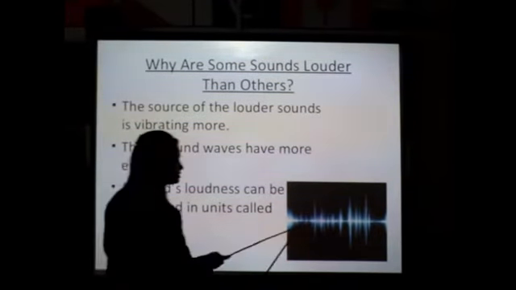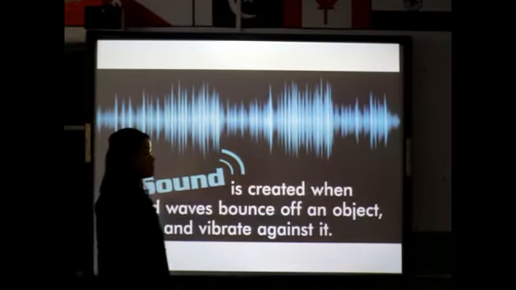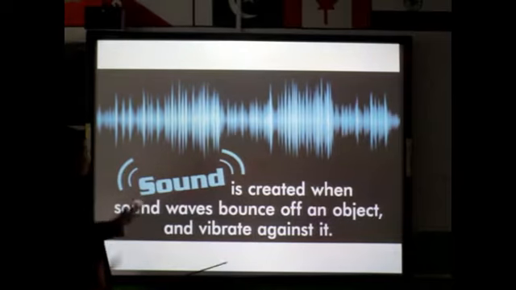This is how the particles travel. This is how the sound wave moves.